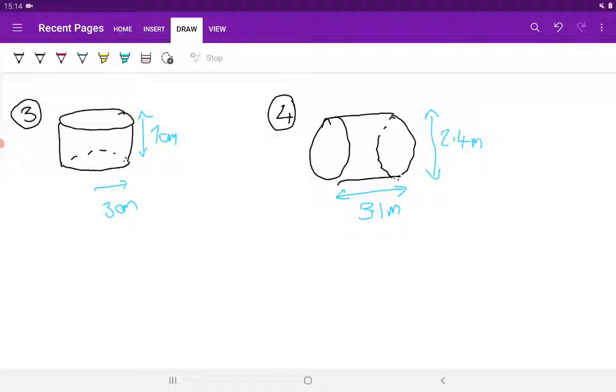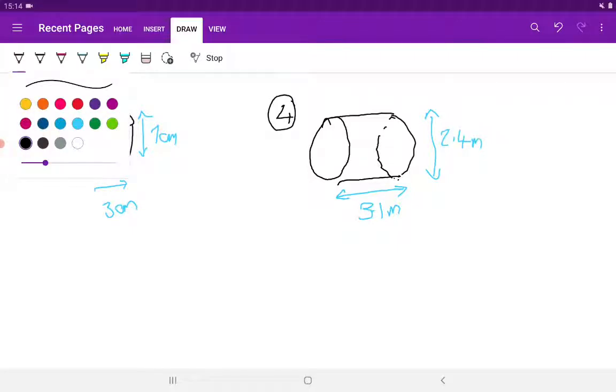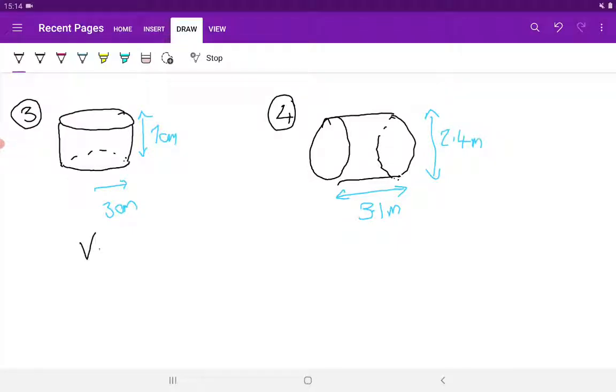Okay, now this first cylinder here, remember our formula, so we need to write that down first of all: pi r squared h. Now pi, you can use the pi button on your calculator, or you can use 3.14, it doesn't matter. You'll get slightly different answers depending on what you use, but it's not going to be ridiculously out at this stage.